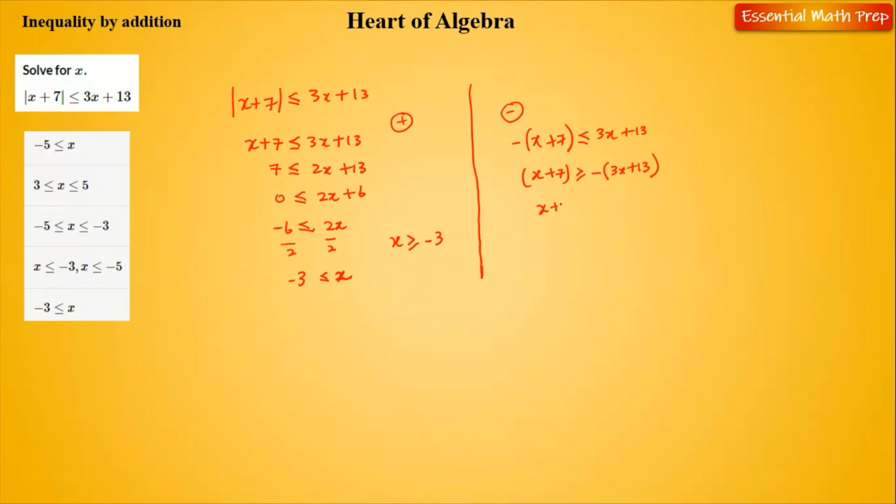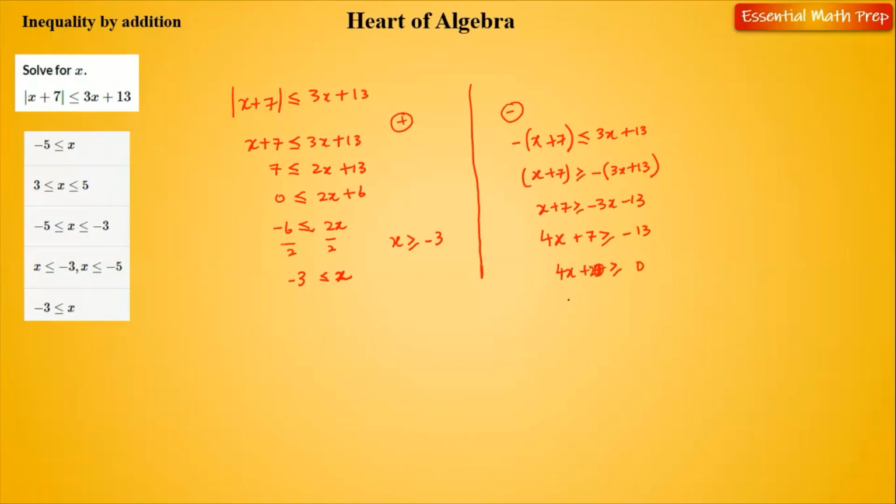So we can multiply the negative into the terms, which would give us this. Now we can start simplifying this expression right here. We could add plus 3x on both sides, which would give us 4x plus 7 greater than or equal to negative 13. We could add plus 13 on both sides, which would further simplify this side to 20.